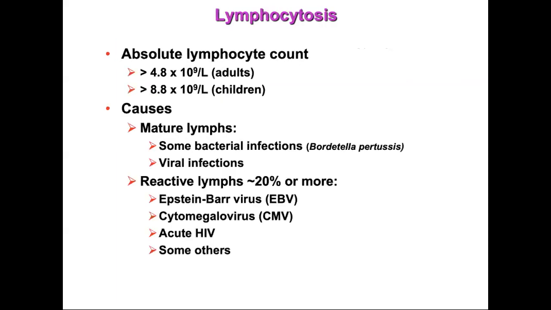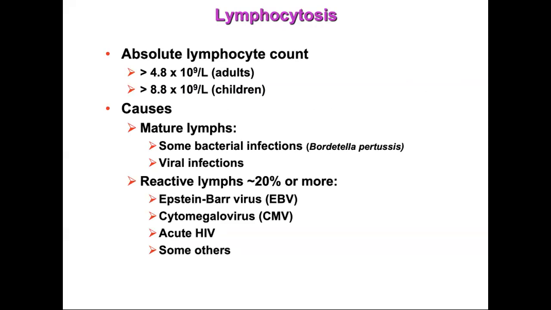You also have lymphocytosis, which is an increase in the absolute lymphocyte count. The lymph count for children varies a little bit from the one in adults, so it's something to keep in mind. Some of the causes of lymphocytosis, especially if you see it in mature lymphocytes, could be some bacterial infections like Bordetella pertussis or viral infections.